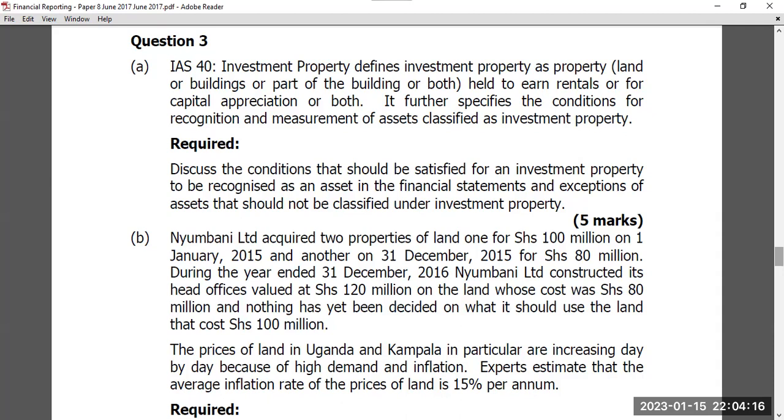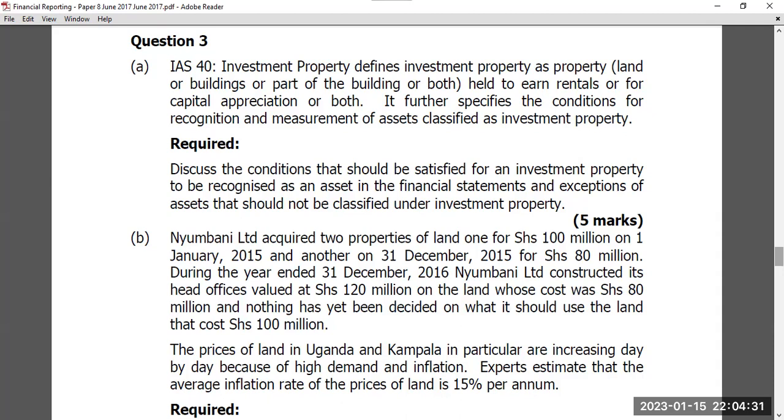What are some of the assets that are not falling into the investment property? We looked over 4 of them, and that's basically what this question wants.